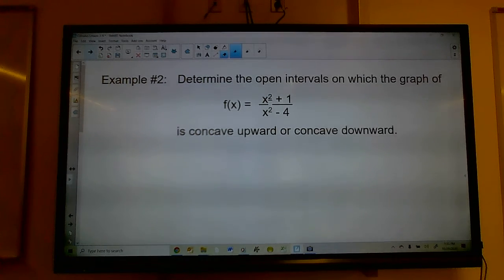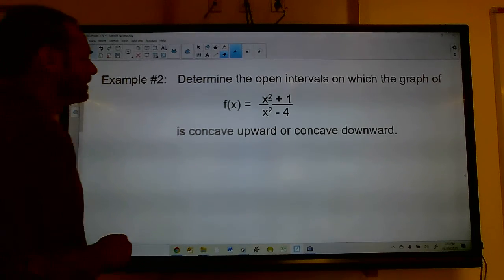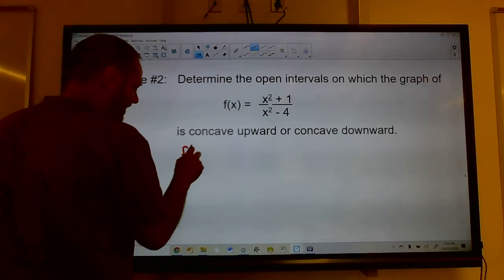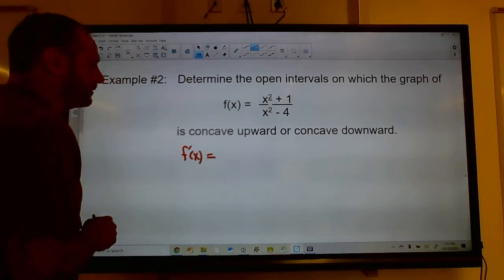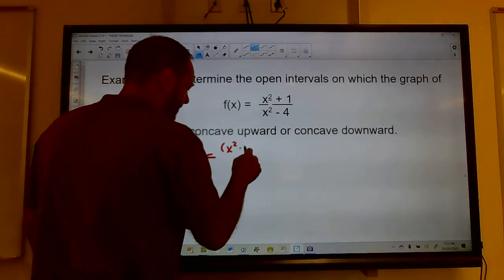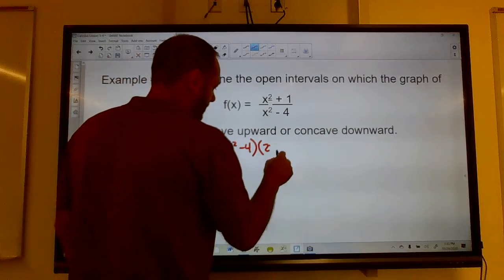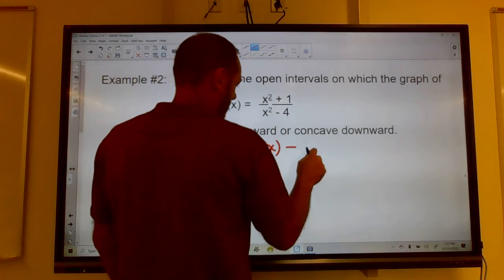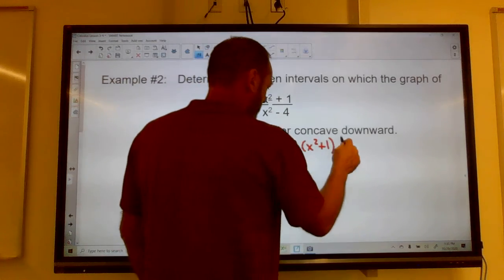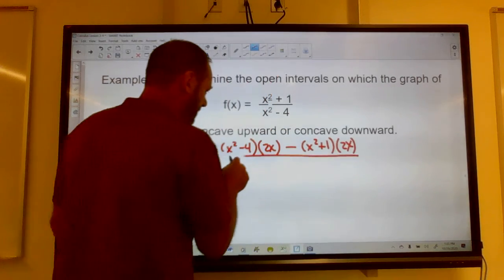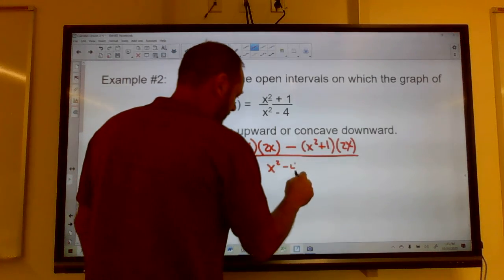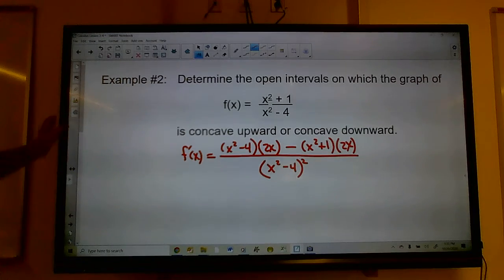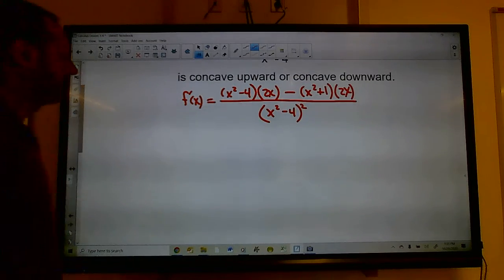All right, so we've got some derivatives to do here. f prime of x, quotient rule: x squared minus 4 times 2x minus x squared plus 1 times 2x, all over x squared minus 4 squared. All right, let's simplify this a bit.